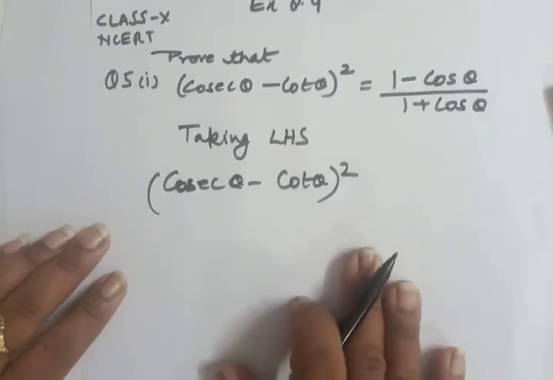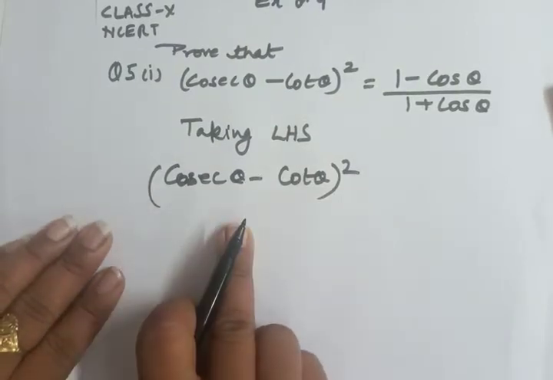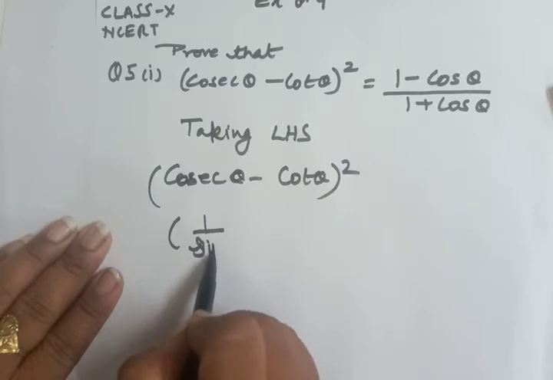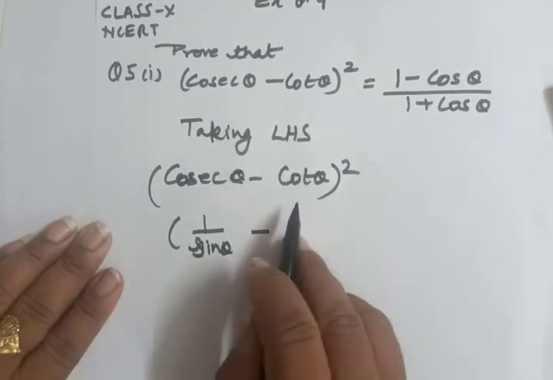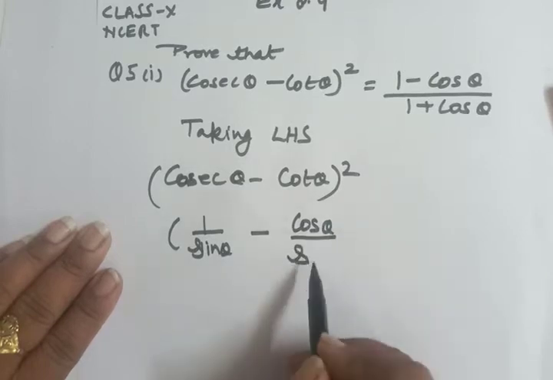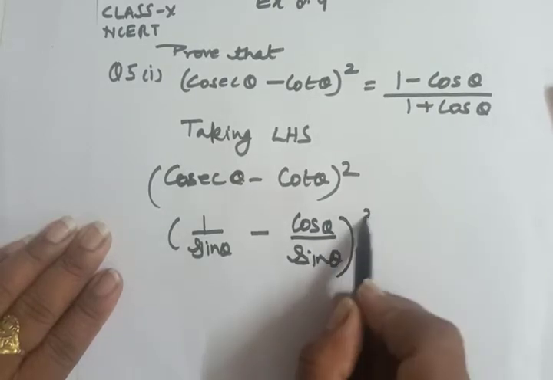Now as we know that cosec theta is equal to 1 upon sin theta, so we are going to write here 1 upon sin theta minus cot theta, which is cos theta upon sin theta, whole square.